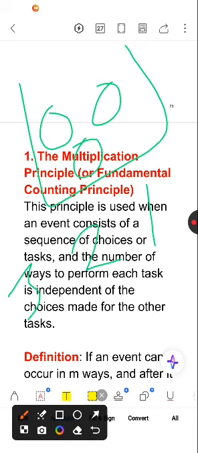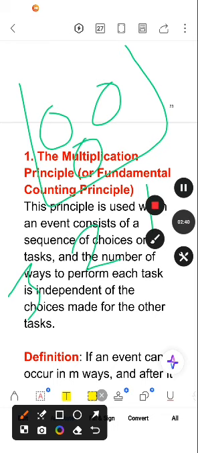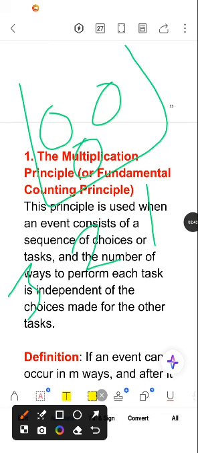But since they are in sequence, we use the multiplication principle to connect these events. So read the question very well: if events follow one another, or if the events are sequential, use the multiplication principle.